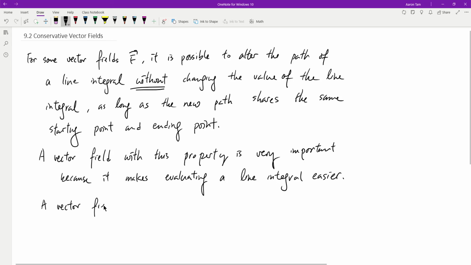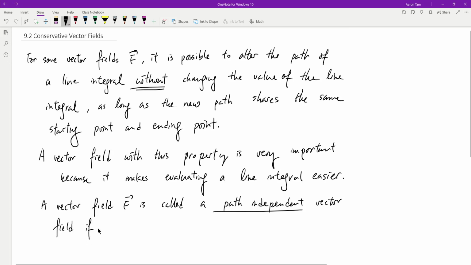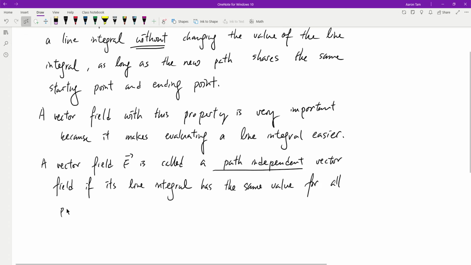A vector field F is called a path independent vector field if its line integral has the same value for all paths from, let's say, vector A to vector B. So this is called a path independent vector field.